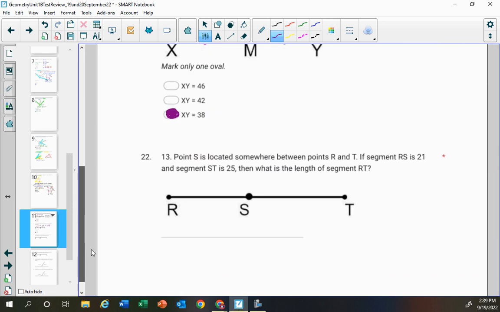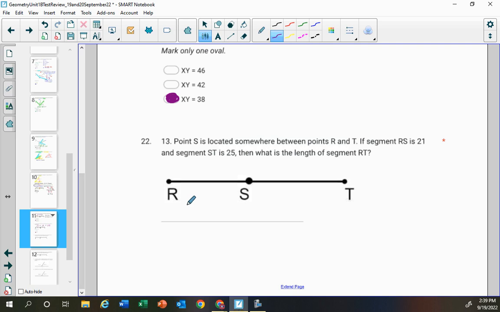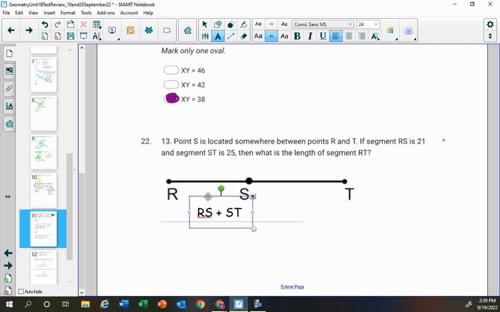Now, here's when you have to be careful. Here's your setup. This is where your two smaller segments add up to the big one. So you have RS plus ST equals RT.